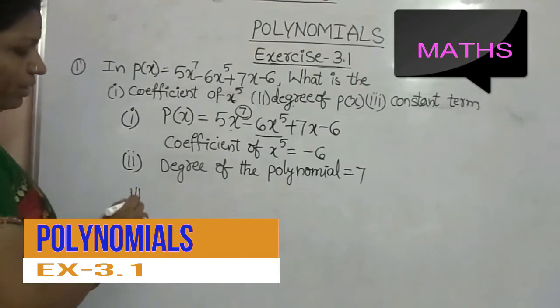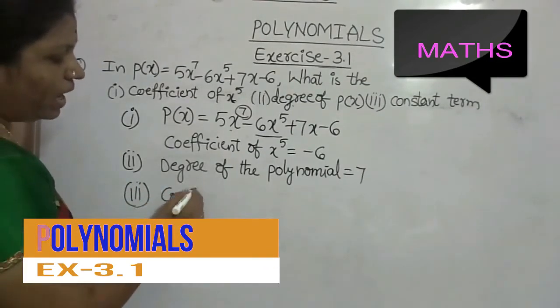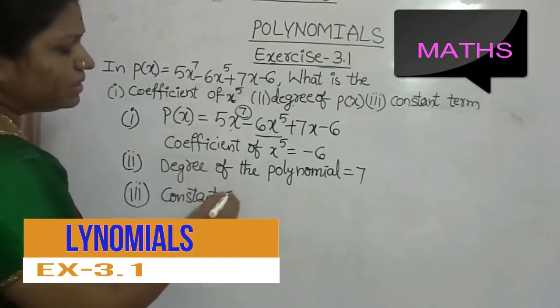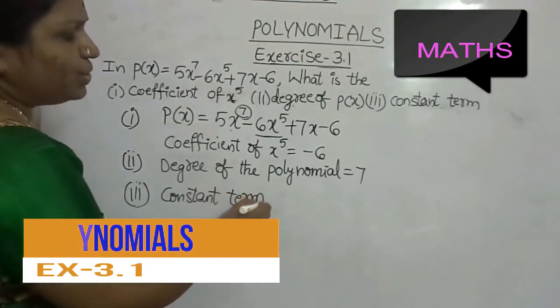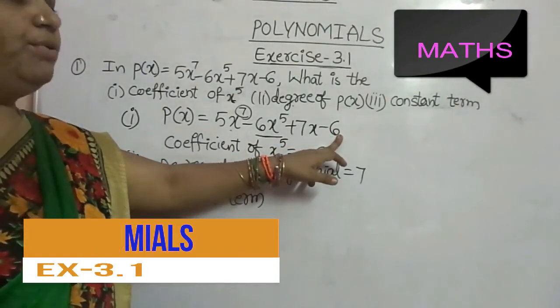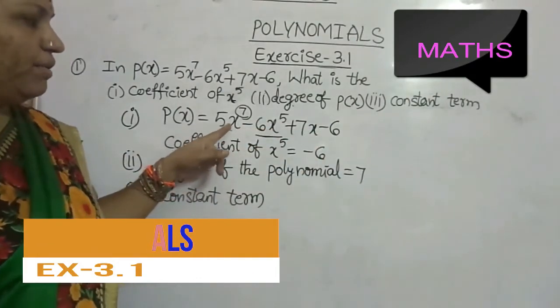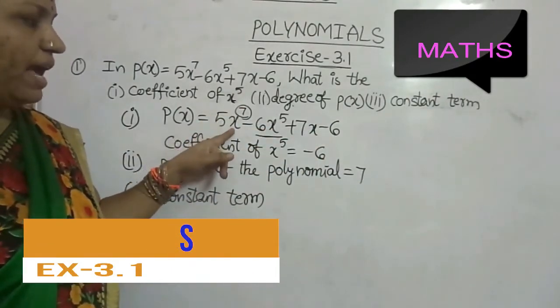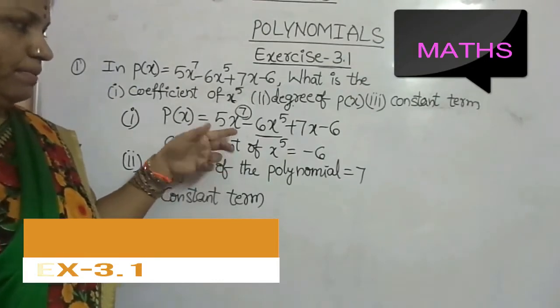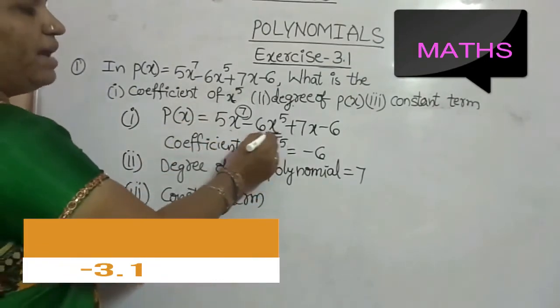Next go to the third question, constant term. Constant means the term which does not have the x variable is called the constant term. Here in 5x to the power 7 we have the x variable. Here in minus 6x to the power 5 also we have the x variable.